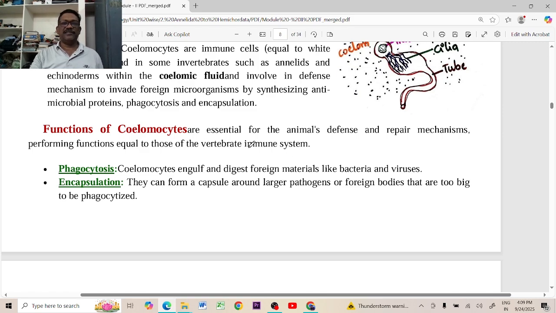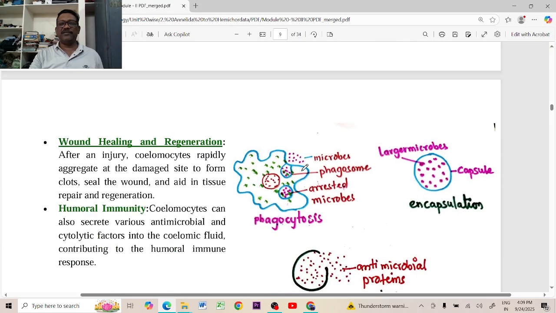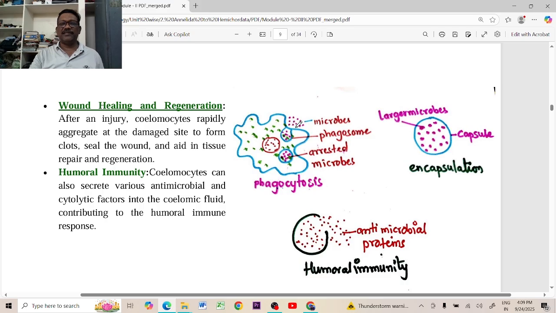So these functions are phagocytosis. Phagocytosis means, for example, just like how an amoeba takes the food material, that is called phagocytosis. If it finds any microorganisms in the earthworm body or annelid body, the plasma membrane is invaginated into the cytoplasm.